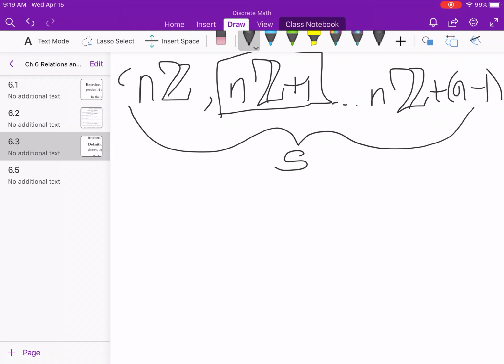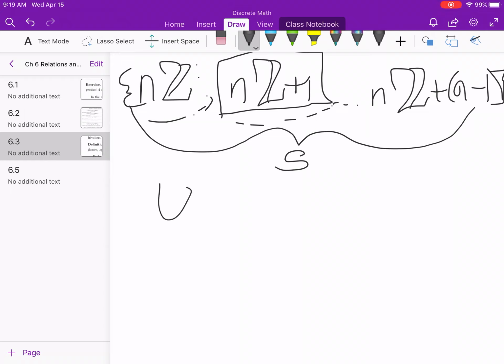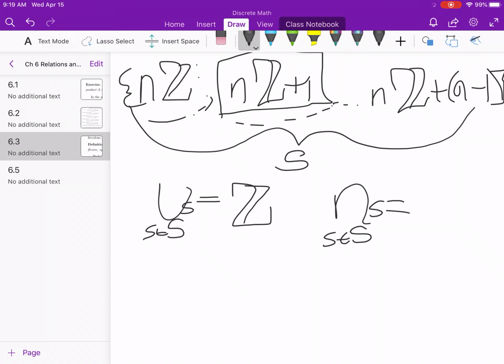So we could define this to be a set S, where this is a member of S. And what I could say is that the union of the S's is going to equal Z, the integers, and the intersection of all of the S's, maybe S_i would be better, is actually the empty set.